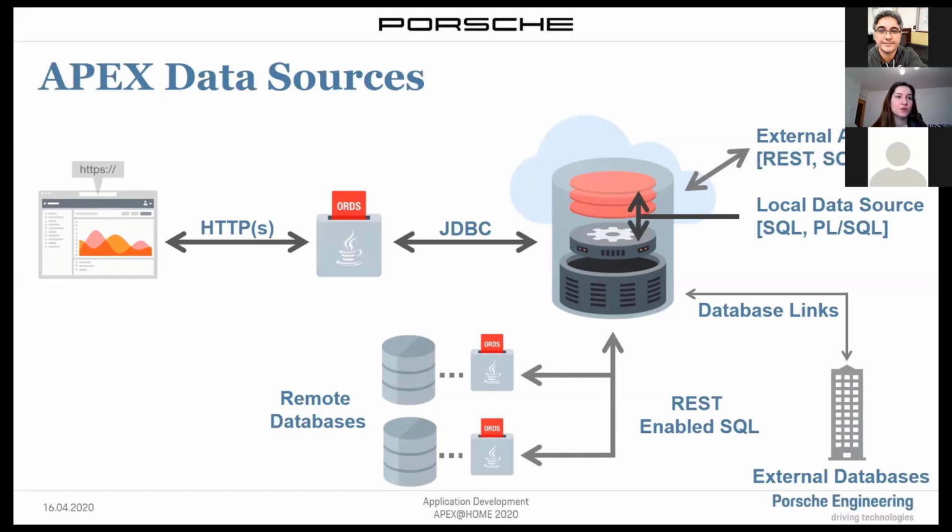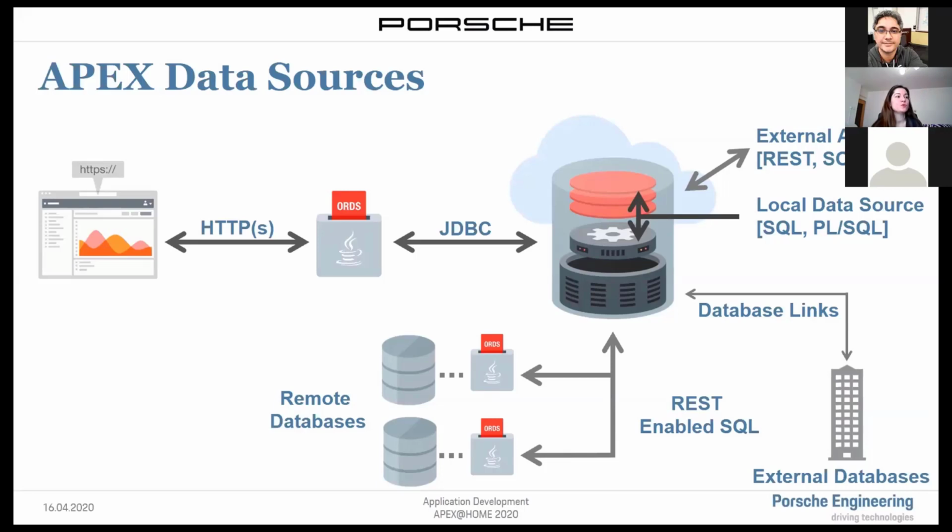But I will put in a bit of extra information, in case you would like to know what it is like to create a database link from one Autonomous database to other databases, even if it's on-premise or on another database cloud service.